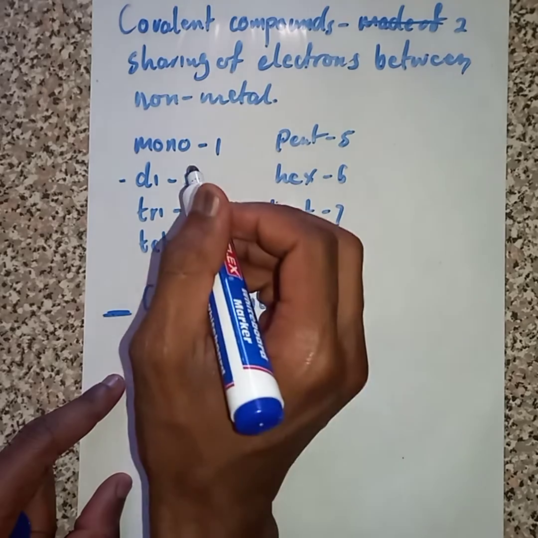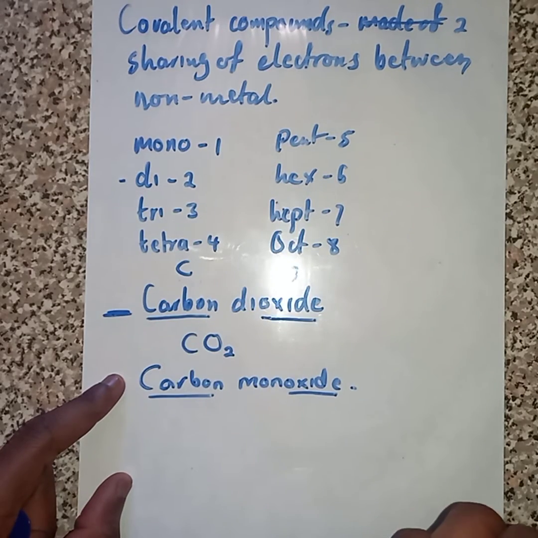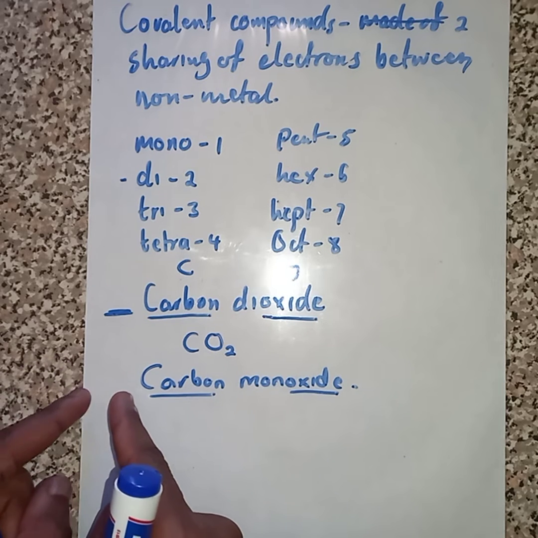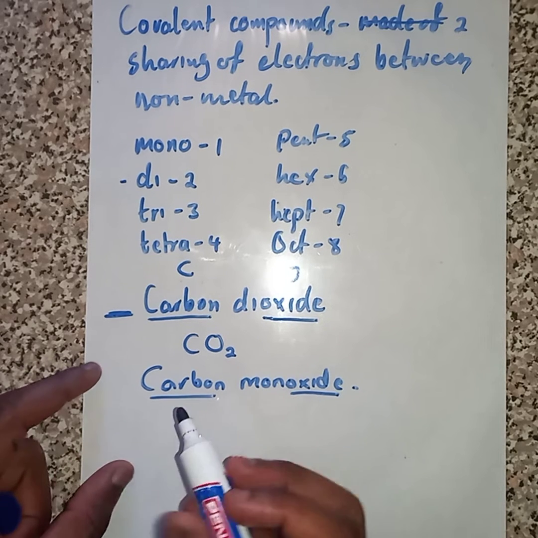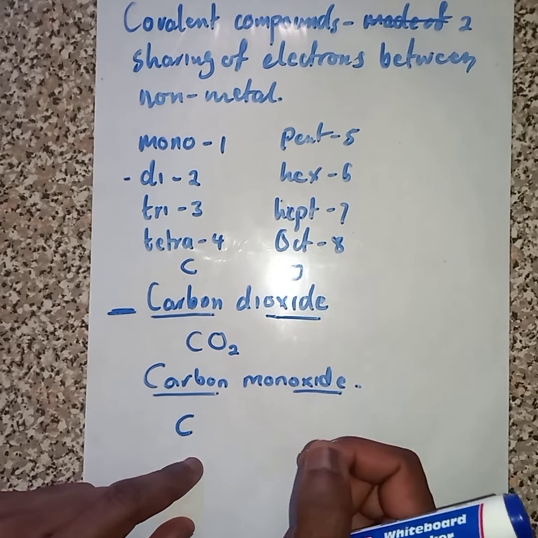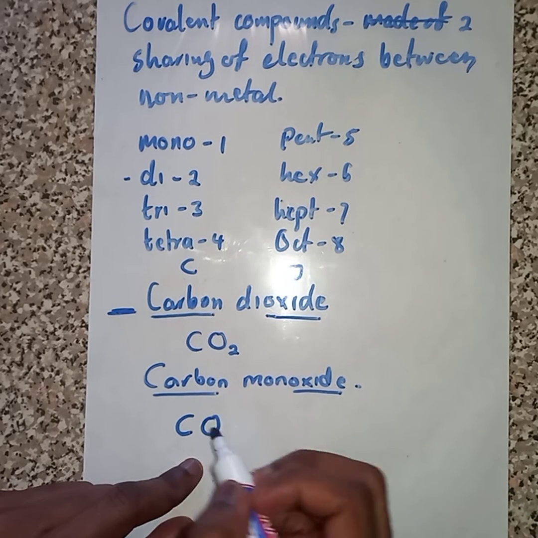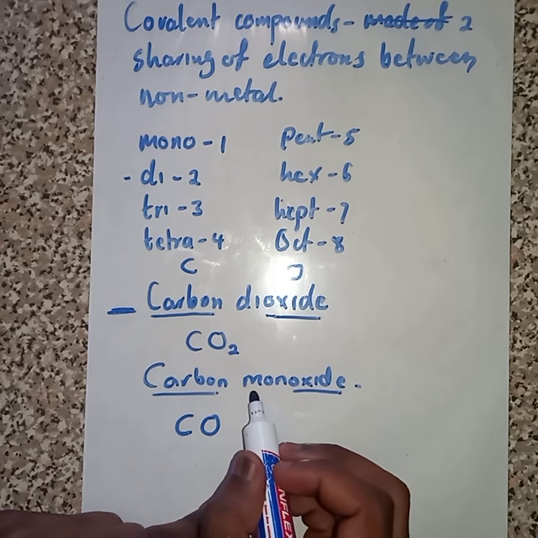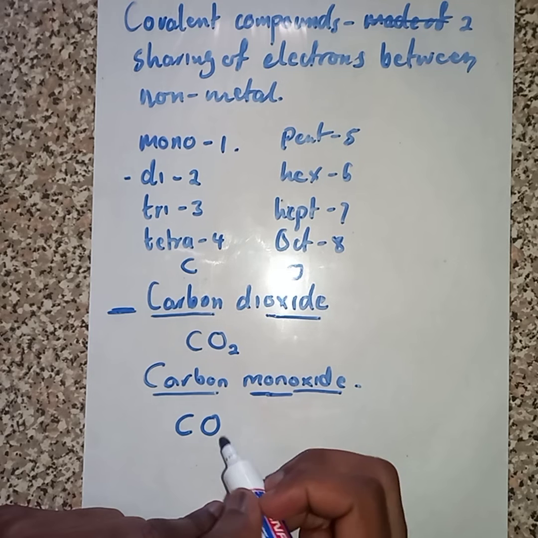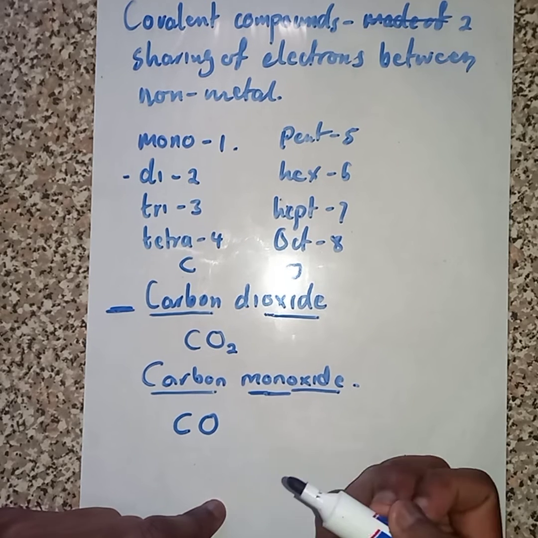Only one. Then it's going to be mono, but there is no need to write mono, especially when studying naming. So it's going to be C, and on this side just O. Why? Because the word mono means one. There is no need for us to write 1.